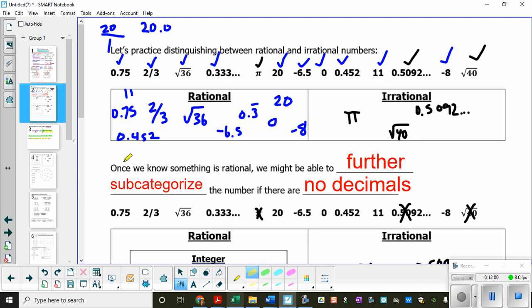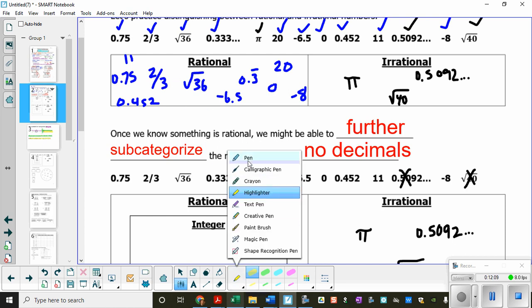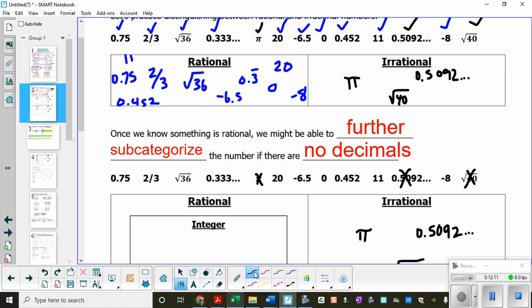Okay. So we have, from this first box up here, we have all of these numbers that were in blue that were rational. And anything that doesn't have a decimal, we're going to further subcategorize it as an integer. Okay. So if it was a decimal, I'm just going to leave it out here in rational. So we had a 0.75. 2/3 is a decimal. That thing goes on forever and ever and ever. That's a 0.666 repeating.